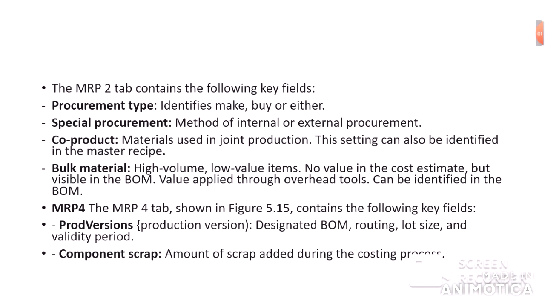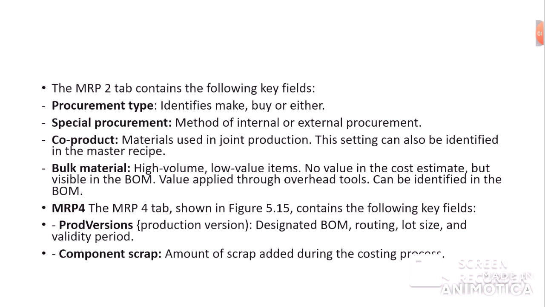You're going to see that the MRP2 tab contains the following key fields: procurement type and special procurement, the method of internal or external procurement; co-product materials used in joint production. This setting can also be identified in the master recipe. Bulk material: high volume, low value items, no value in the cost estimate but visible in the BOM.